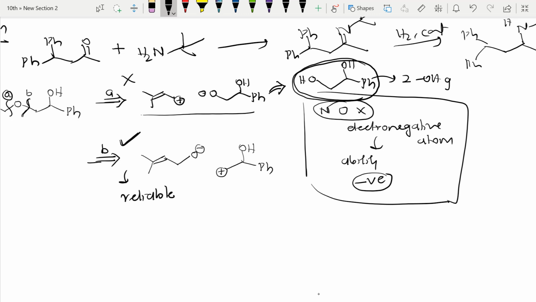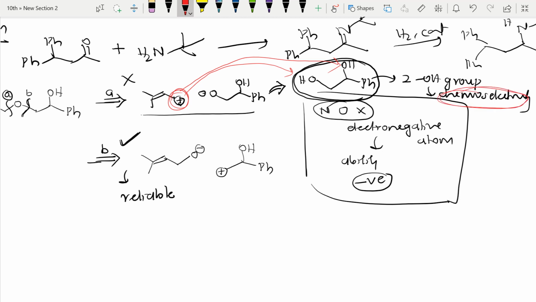So there may be a chemoselectivity problem further. Whenever I react these two compounds, this positive charge can react with this oxygen, and it also has the possibility to react with that oxygen. So the chemoselectivity comes into the picture.